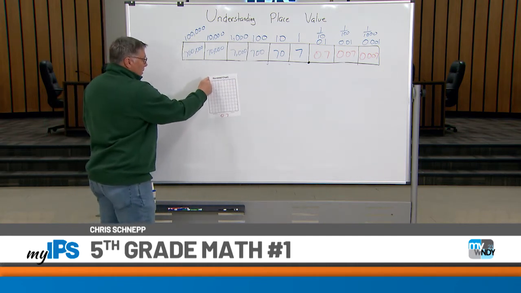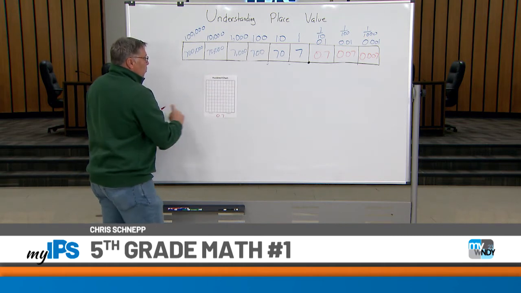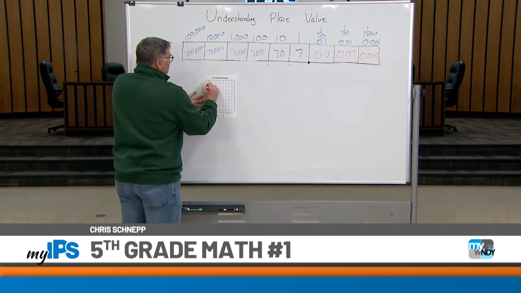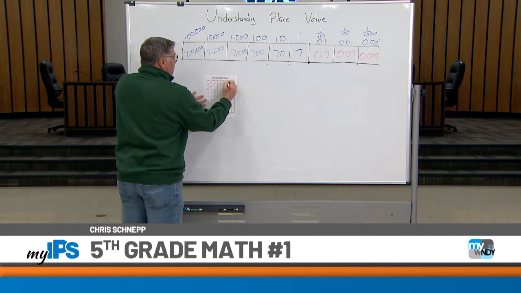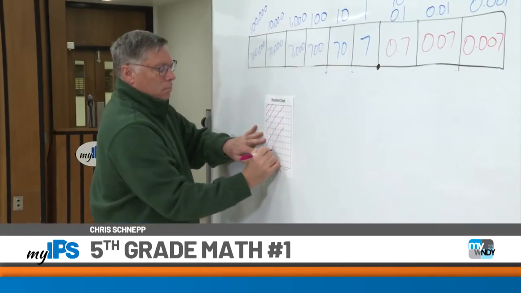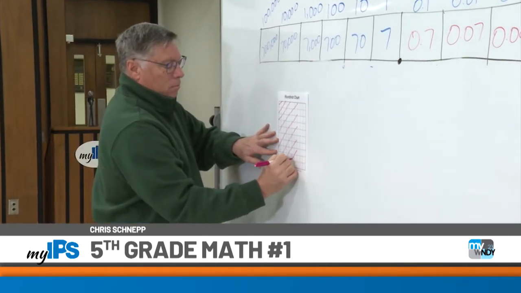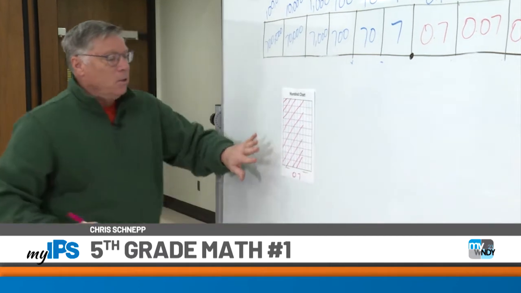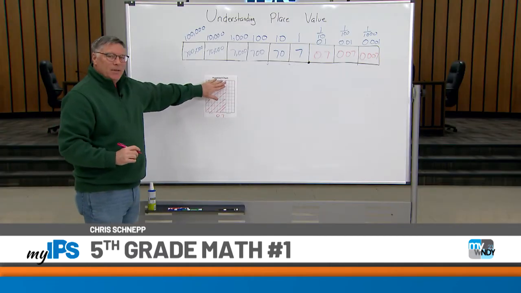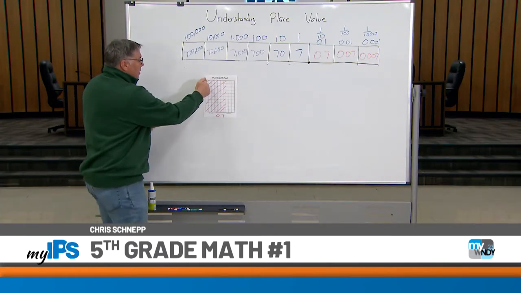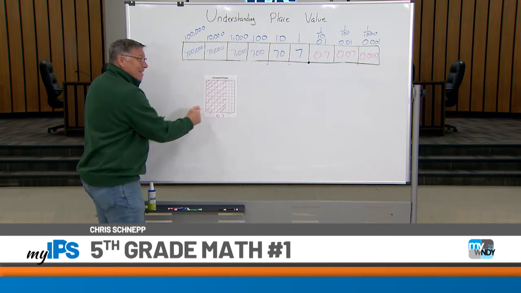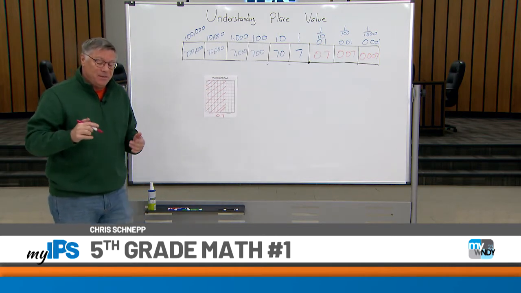Remember, on a hundredths chart, each column is worth 10. So that is 7/10. We've shaded in 7 columns, and it's tenths because each row has 10 in it.